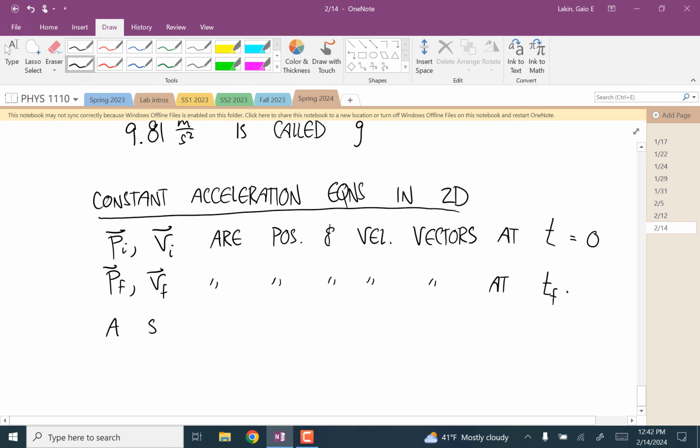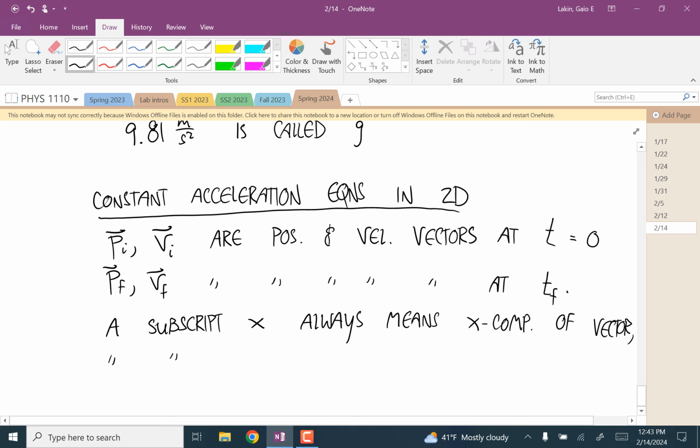And a subscript x always means the x component of a vector. And a subscript y always means the y component of a vector.